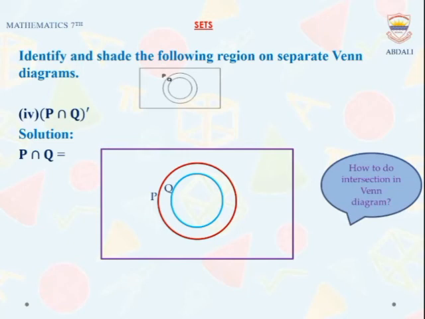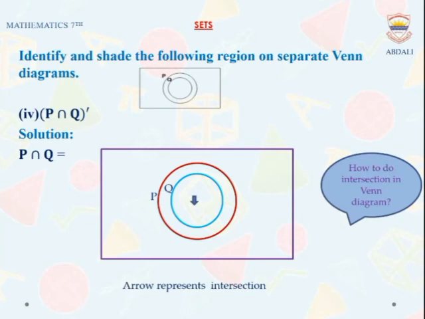So set Q is common in both P and Q, because this region is in both sets. That's why this region will show intersection. We will represent it by drawing a short arrow, and this arrow will represent intersection in this Venn diagram. So until now we have done only one part of this question, which is to take the intersection.